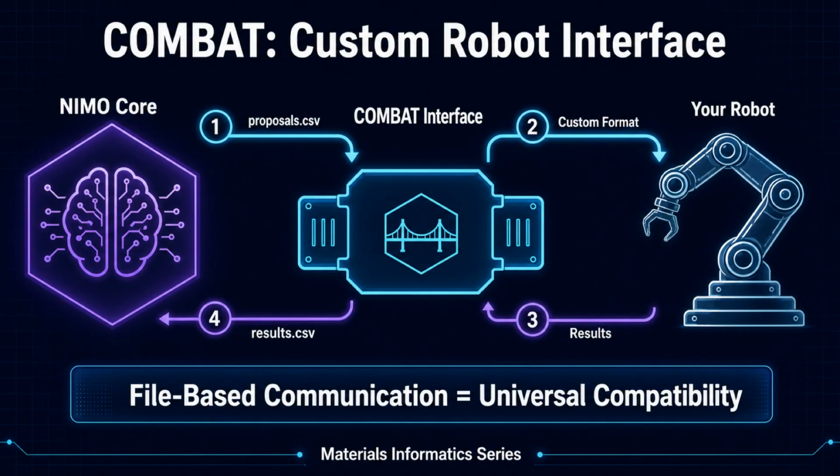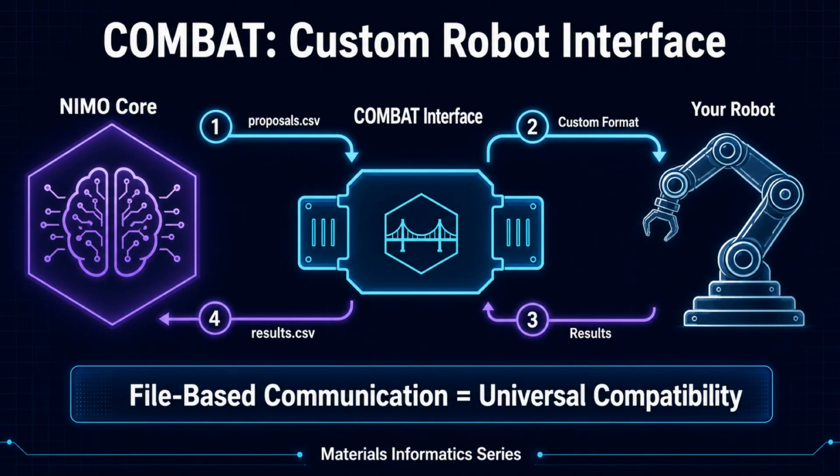NIMO's COMBAT interface, which stands for custom robot, allows you to connect your own experimental systems to the optimization framework. The architecture uses file-based communication, making it universally compatible with any robot system. The workflow has 4 steps. First, NIMO writes proposals, a CSV with AI-selected candidates.